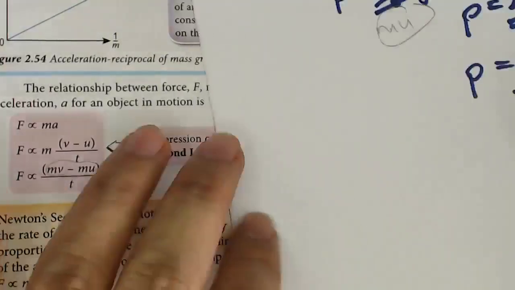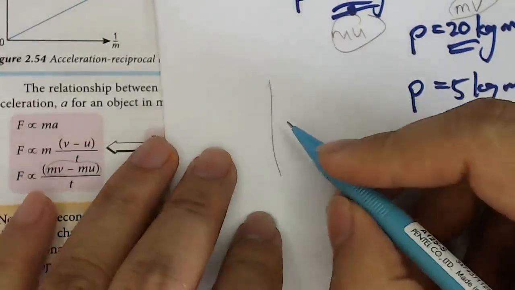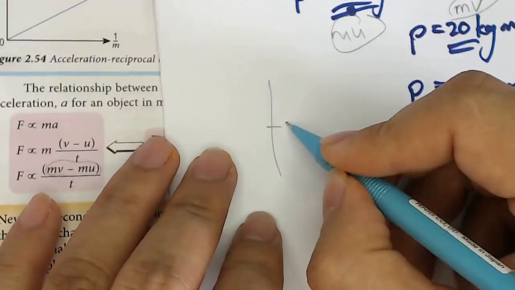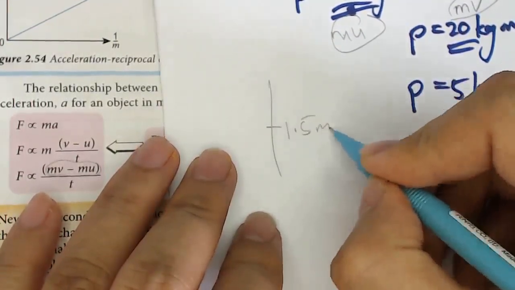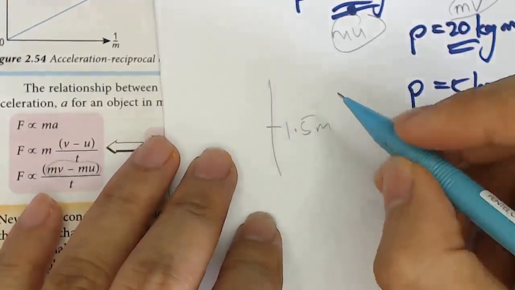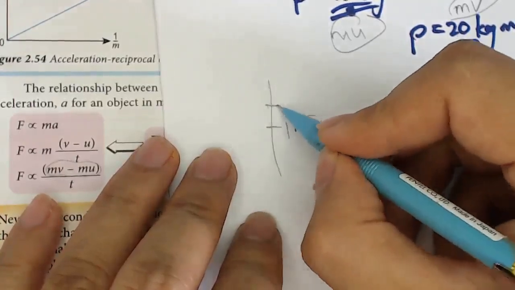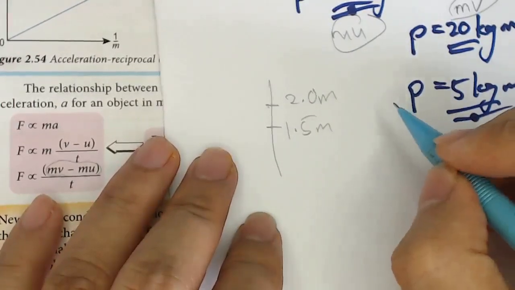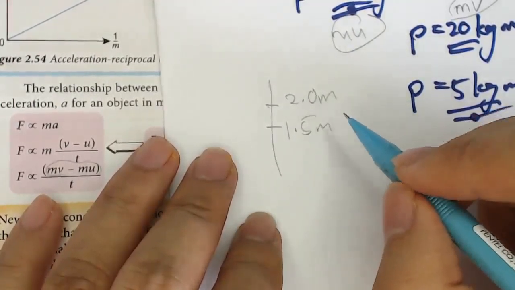Like your height today is 1.5 meter. Tomorrow your height increases to 2.0 meter, let's say. What is the change of your height?